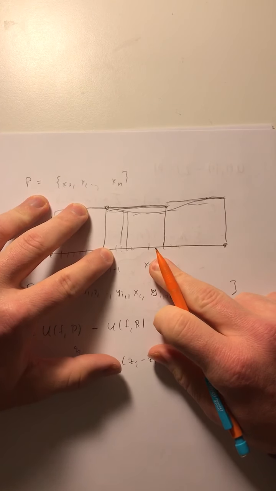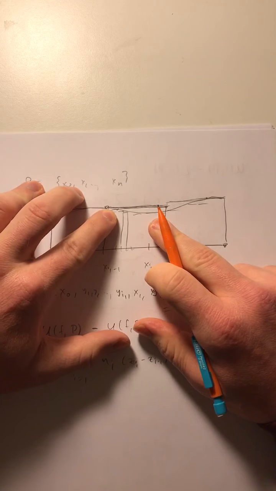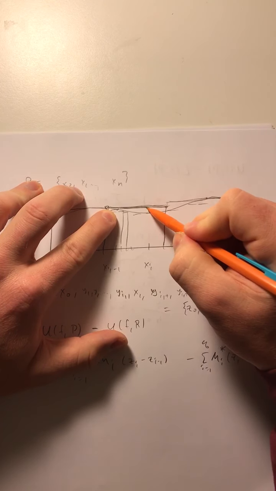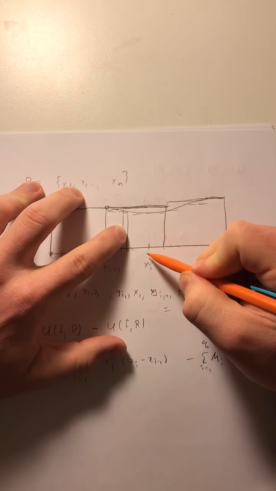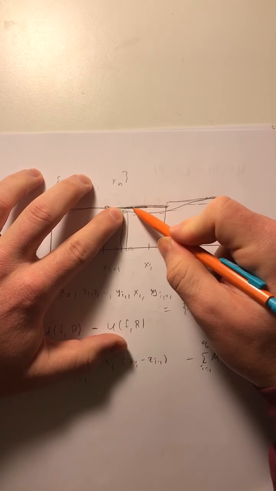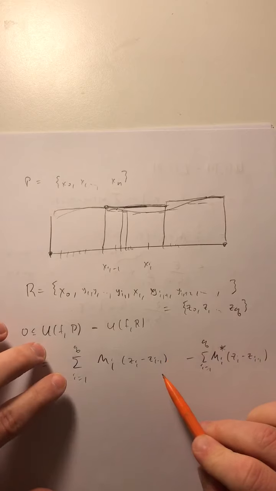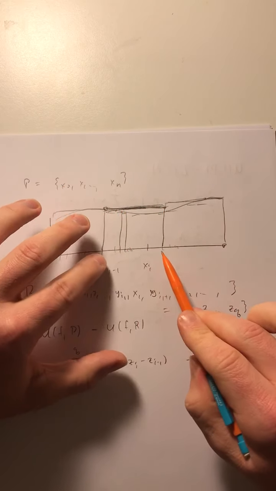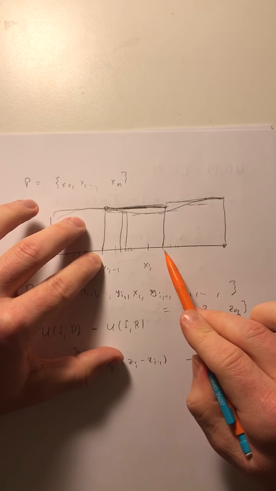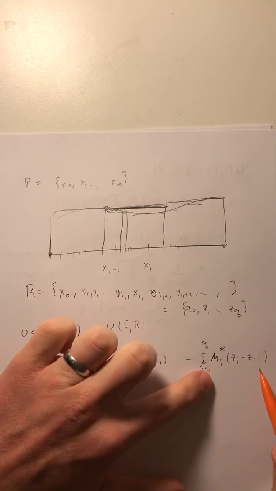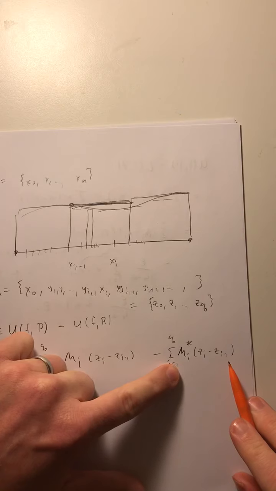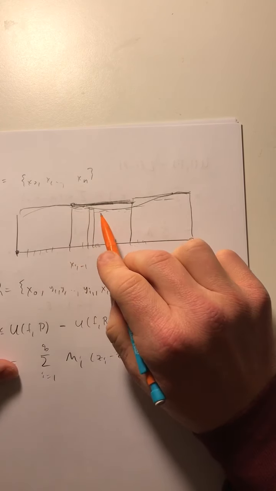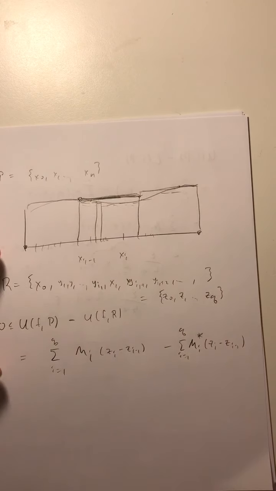So if xi minus 1 xi is some interval in the bigger partition P, and it has some maximum value here, I can split that up into smaller pieces, and each one has the same maximum value. Okay? So over here, I have the same intervals, but they have the maxes that occur on the P partition, and over here I have the same intervals, but with the mi stars, which are the maxes for the refinement R. Okay?